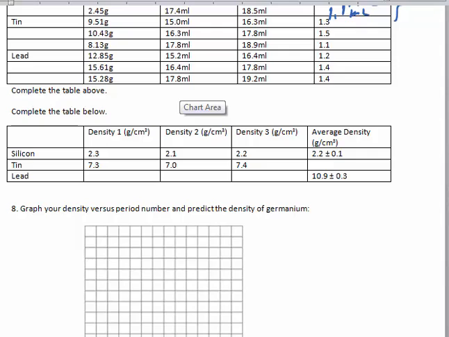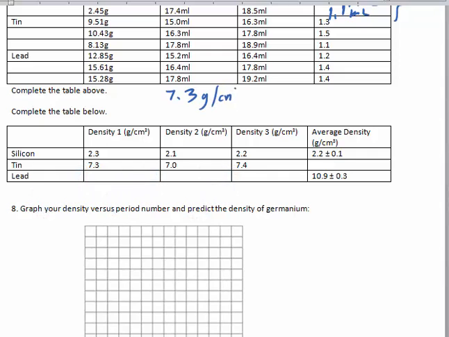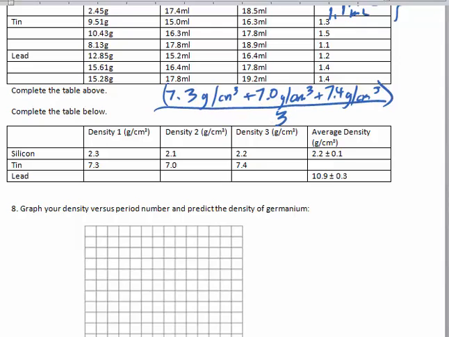So how you determine the average density of tin is you add these 3 values together and divide them by 3. So I'll do that up here. Remember to do it on your own sheet of paper. Then you take all those 3 and divide by 3, and you get the answer 7.2 grams per centimeter cubed, but you need a plus or minus value.